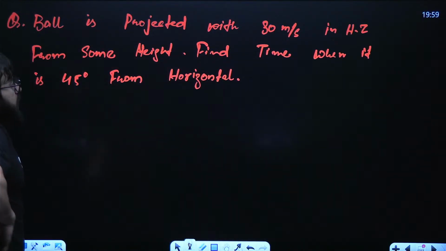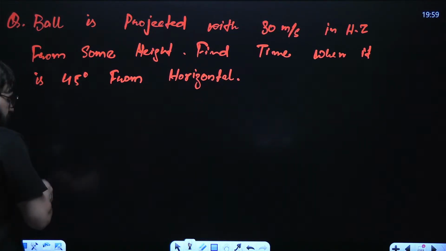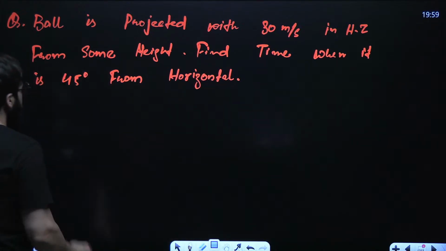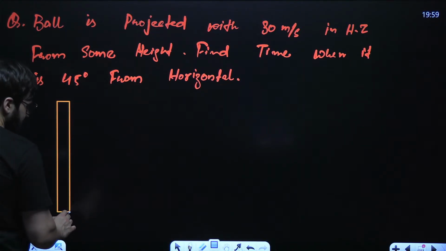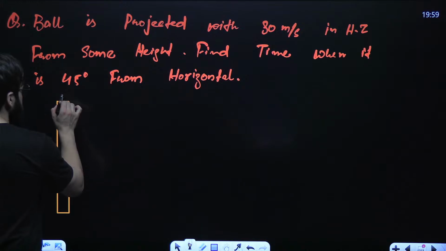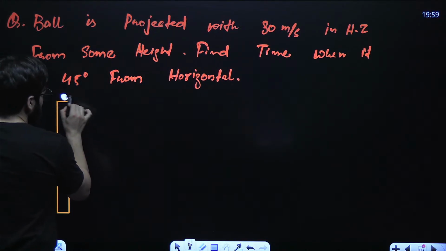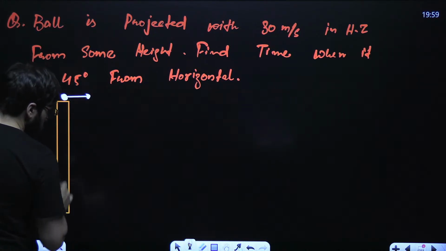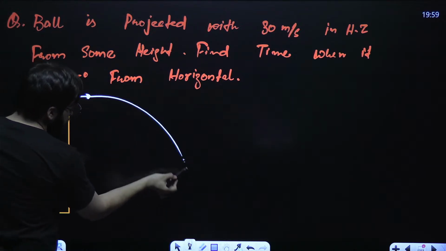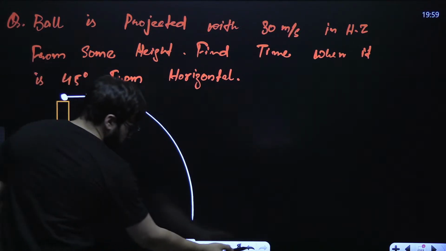Now, guys, a ball is projected with 30 meters per second in the horizontal direction from some height. Find the time when it is making 45 degrees from the horizontal. It is saying that we have launched a projectile from a certain height. Let's suppose this projectile will follow this particular path over here.